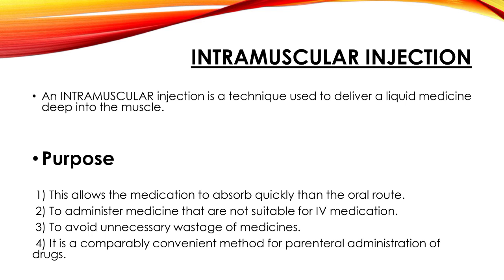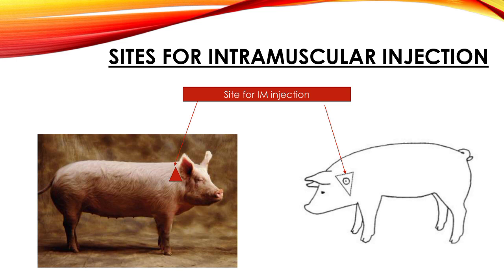To avoid unnecessary wastage of medicine, this intramuscular injection is preferred. And lastly, it is a comparably convenient method for parenteral administration of drugs than the oral route. Here in this picture, the site of intramuscular injection, that is the neck muscle, is shown.